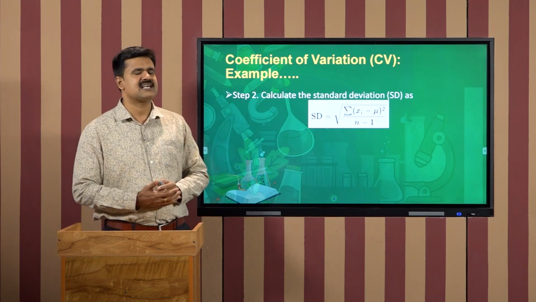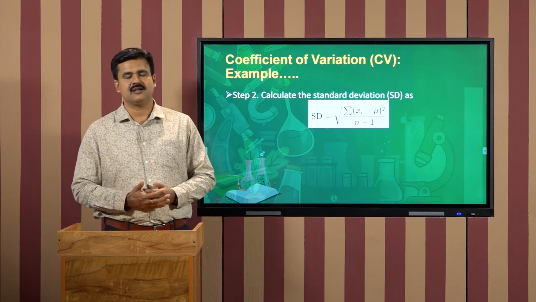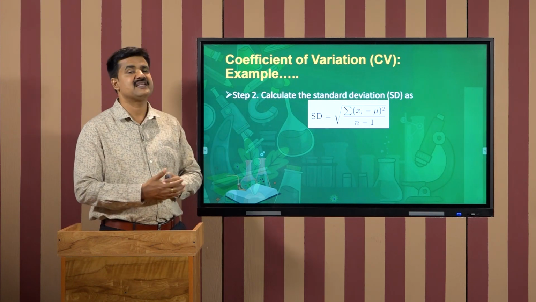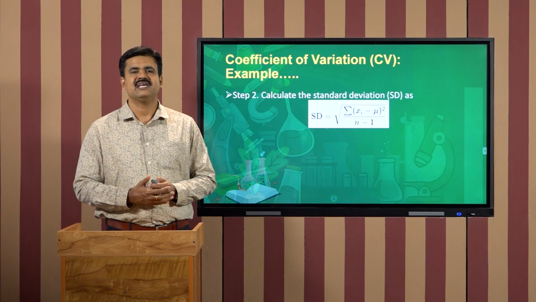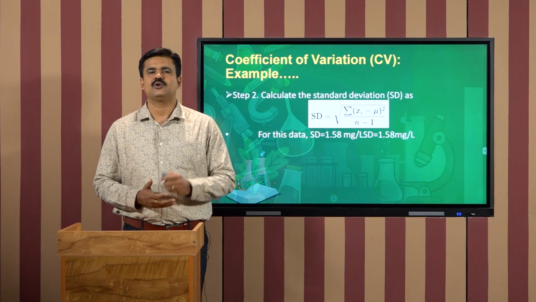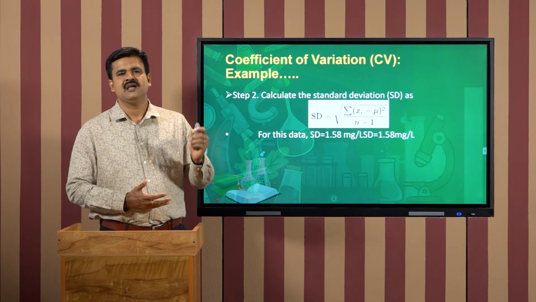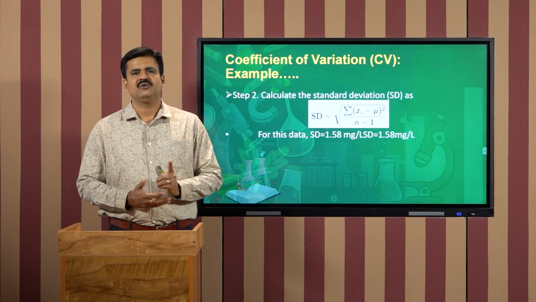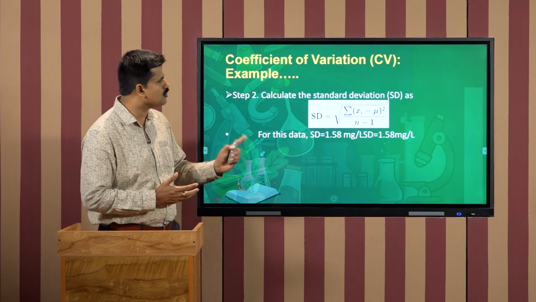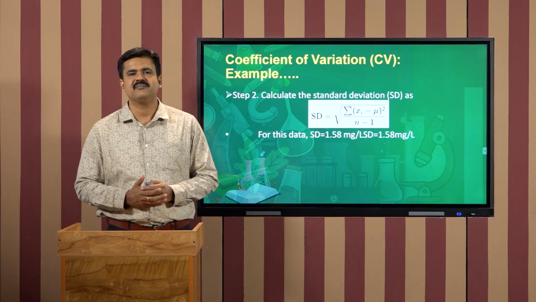SD is calculated using the expression SD equal to the square root of the sum of (xi minus mu) squared divided by n minus 1, and for this data the standard deviation is equal to 1.58 milligram per liter.